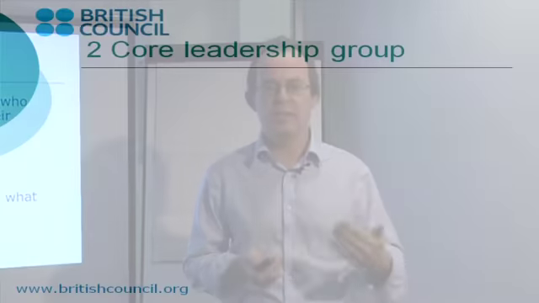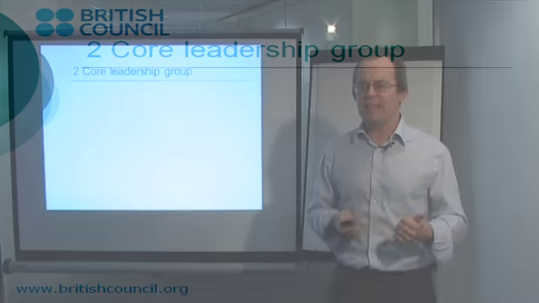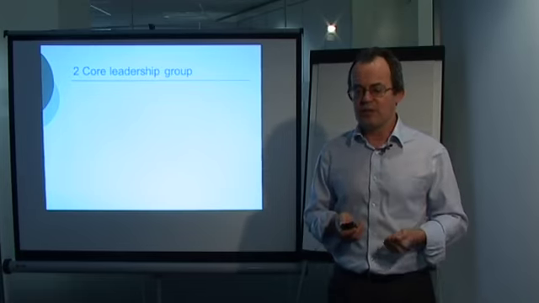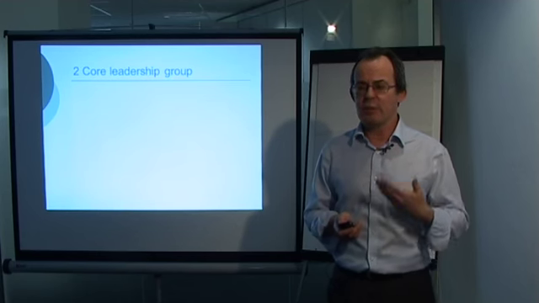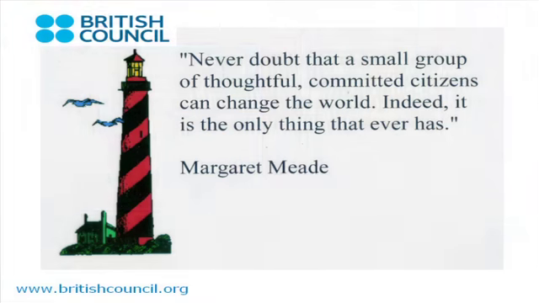The second key essential for having an effective branch is a core leadership group. Margaret Mead said, "Never doubt that a small group of thoughtful, committed citizens can change the world. Indeed, it is the only thing that ever has."